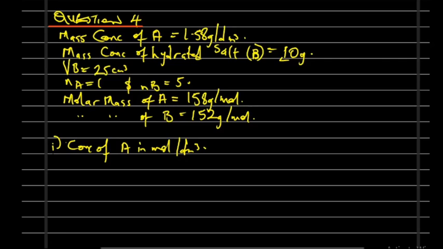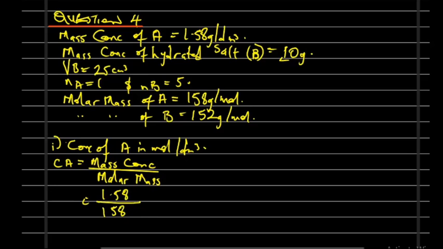So we know that we have our CA, the concentration of A in moles per dm³, equals the mass concentration of A divided by the molar mass of the same A. So that is going to give us 1.58 divided by the molar mass of A, which is 158 grams.